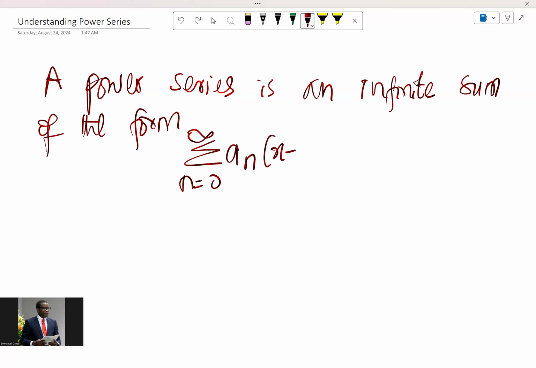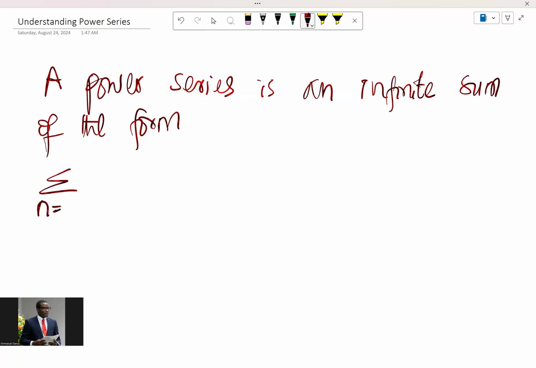Okay, let me push it down so I can have some space. So it is of the form summation from n equals 0 to infinity a_n (x minus c) raised to power n.